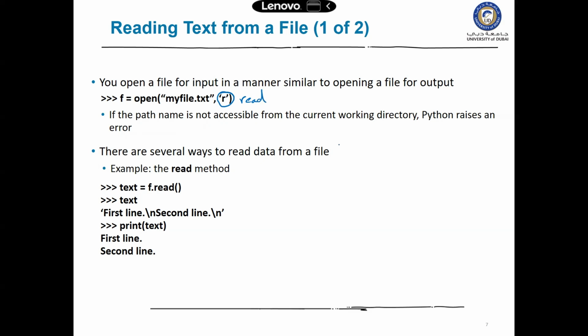And in this one, you do not modify the contents of the file. The contents will remain intact. Now, if the file does not exist, Python will raise an error because here you are reading, you are not writing, you are not creating a new file. The file is assumed to be there. So if the file does not exist, Python will raise a flag.